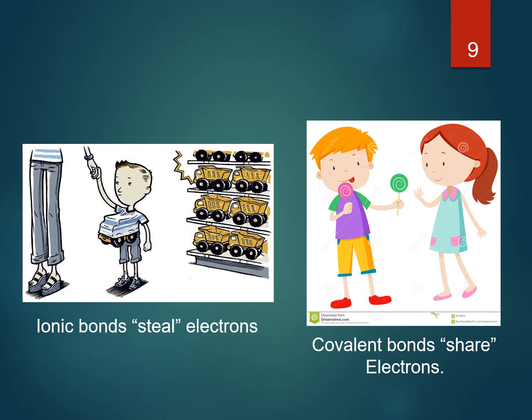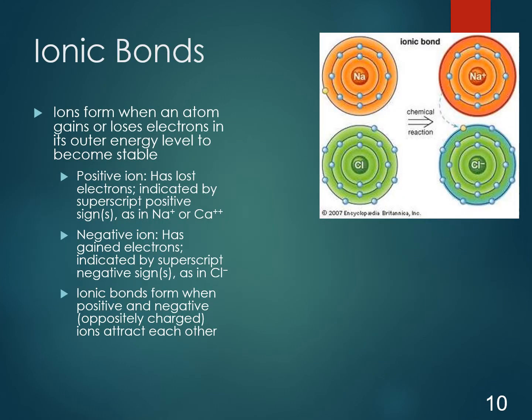Now, a covalent bond shares its electrons. These bonds are held much more tightly together, and so they're much more difficult to break, whereas ionic bonds are much more easily broken apart in water. It's important to remember that positive ions are formed by losing electrons, and negative ions are formed by gaining electrons.